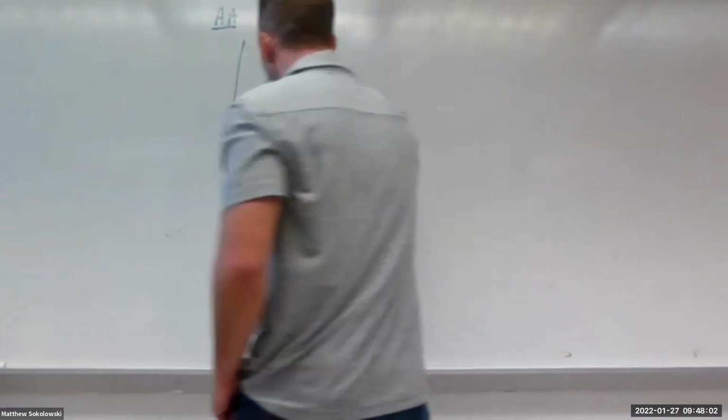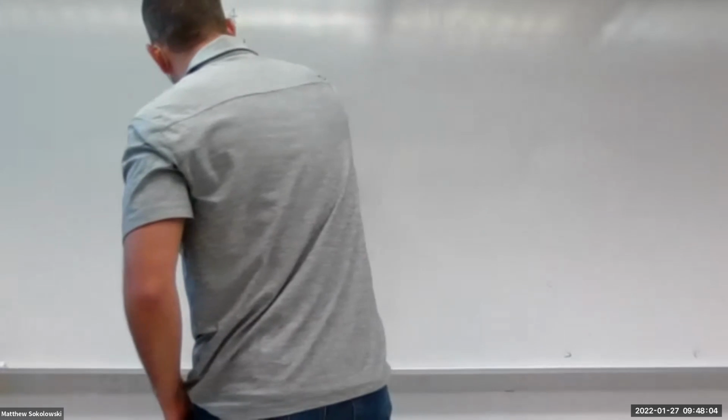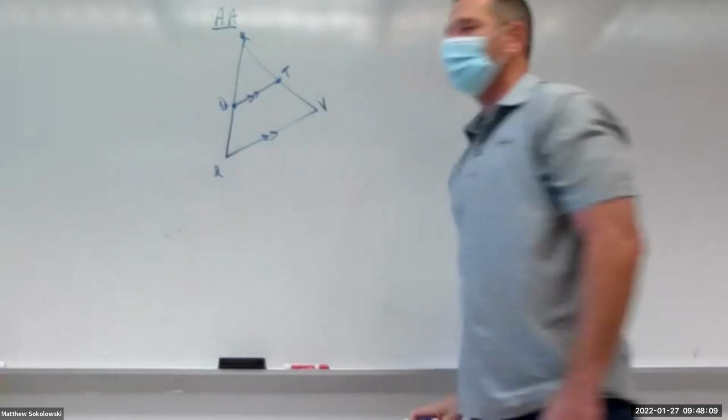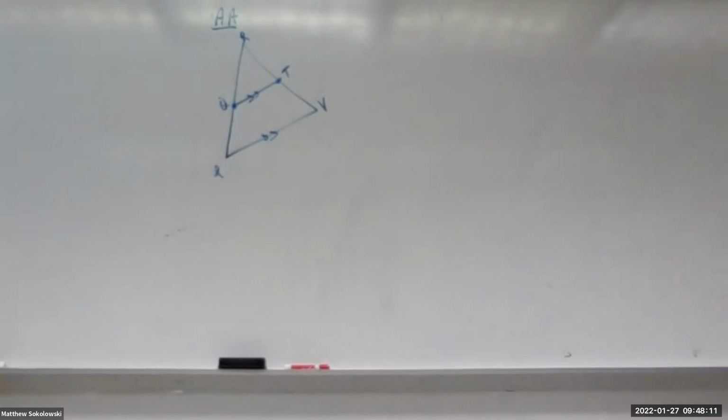So if I've got these two triangles, P, Q, R, T, okay? You got that diagram right there? Those triangles are similar by angle. Where are the angles that I'm talking about? What angles?